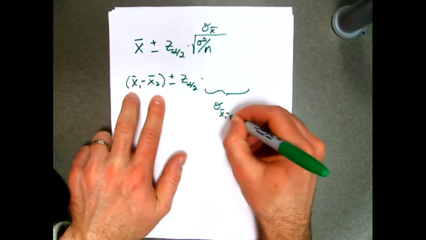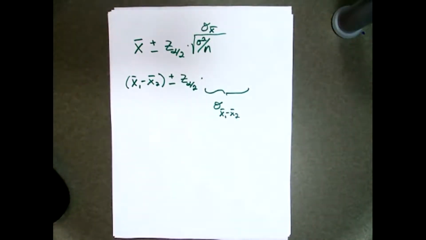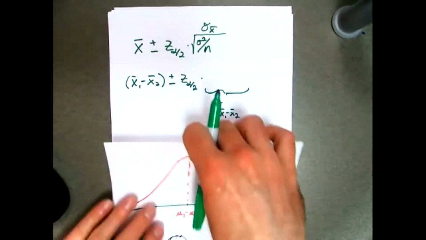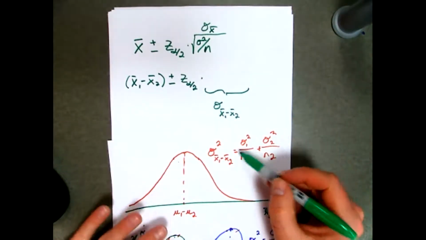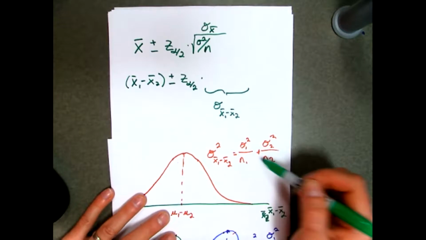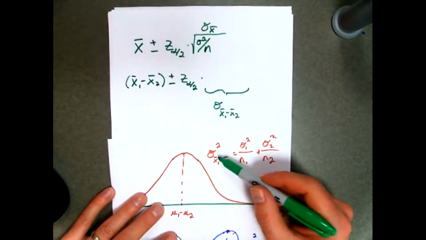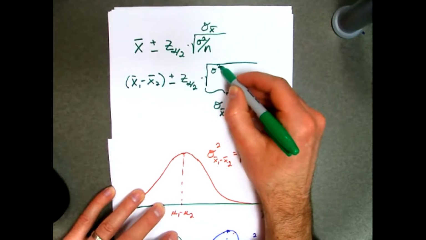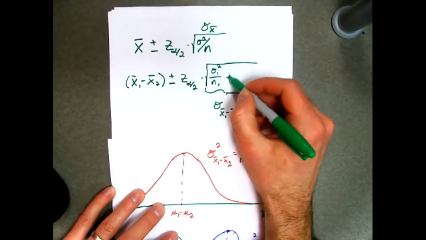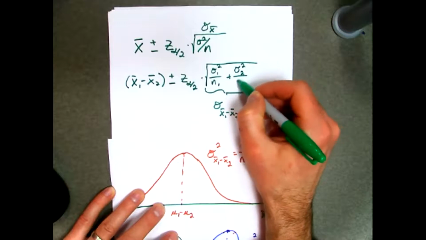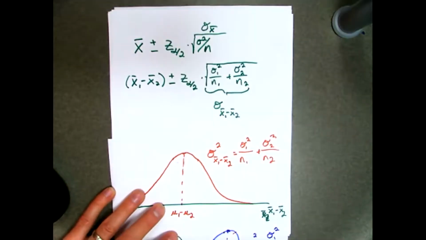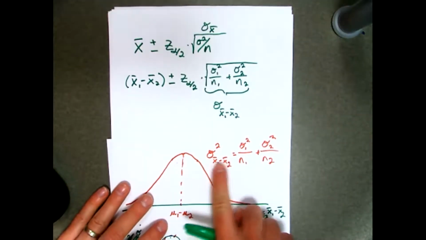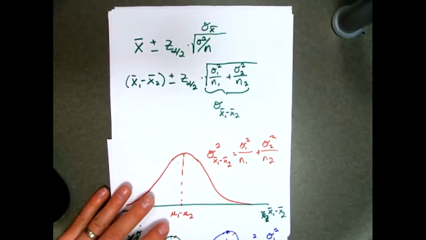So the standard deviation of the difference in sample means, which earlier we said was, well, the variance is just adding up each group's variance over its sample size. So if I want the standard deviation, it's just going to be the square root of that. So each group's variance over its sample size added together. And then to get the standard deviation, we would just take the square root, right?